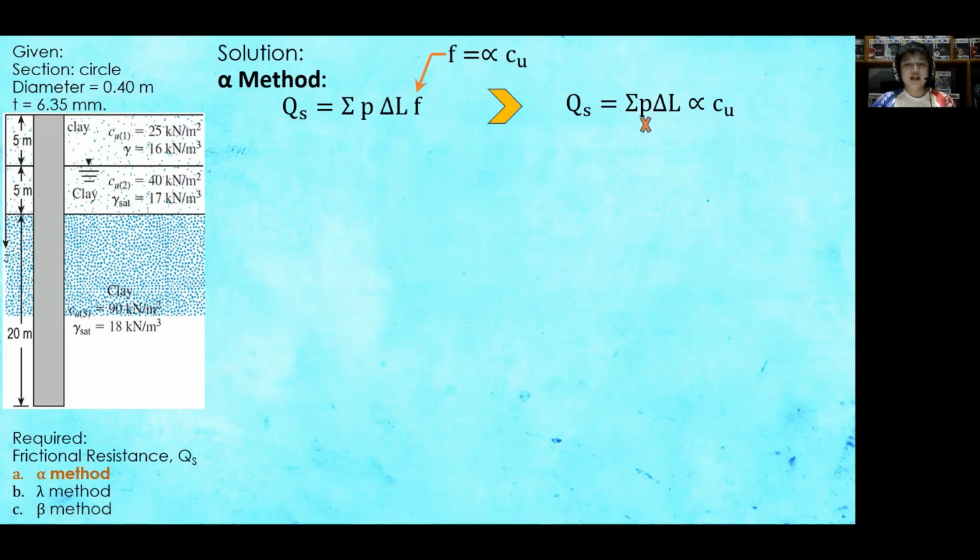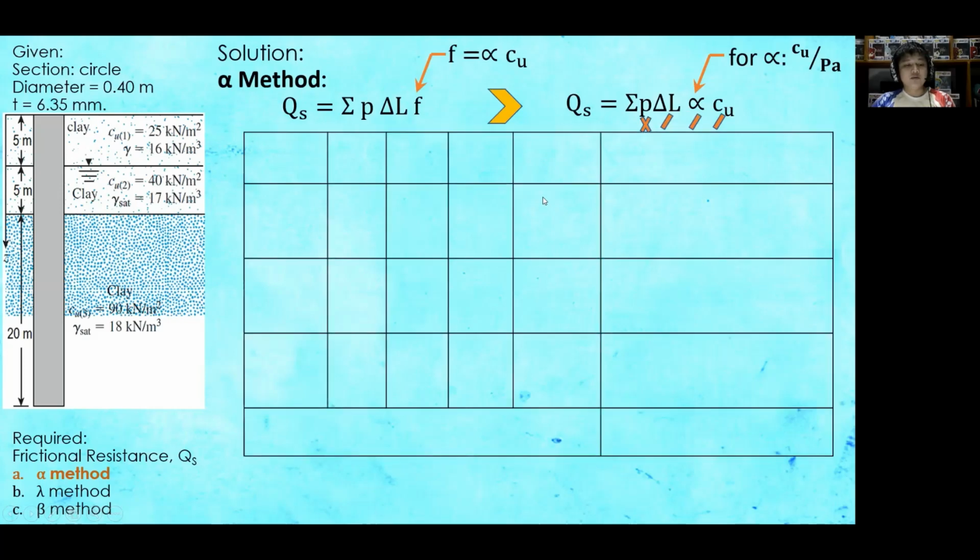Next, delta L and alpha are dependent on the value of our C sub U. Thus, by inspection, C sub U is varying, so delta L and alpha vary as well.